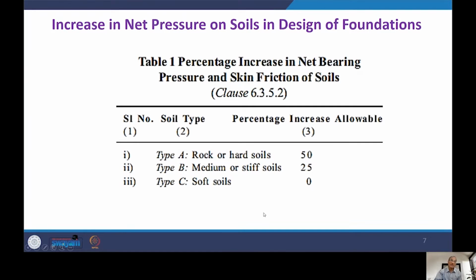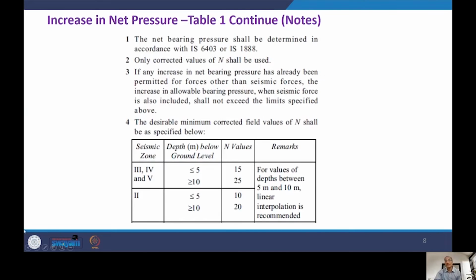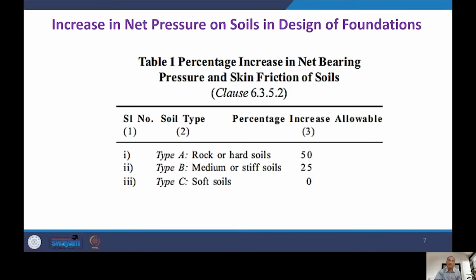Below this table in the code, there are notes which we will go through very quickly. First of all, the net bearing pressure shall be determined in accordance with IS 6403 or IS 1888. Whatever the net pressure is determined, if you are considering the earthquake load, then according to Table 1 the net bearing pressure can be increased for medium and rocky sites.